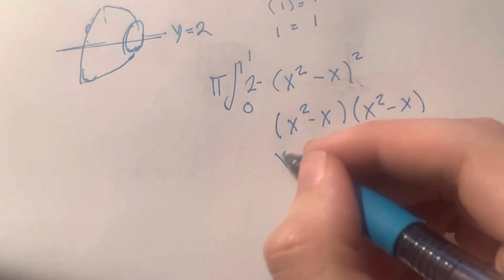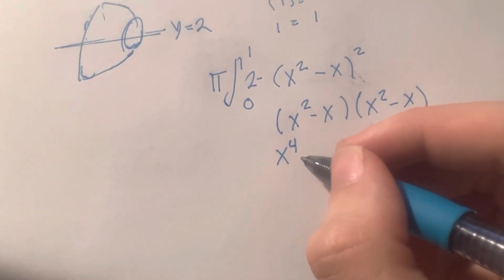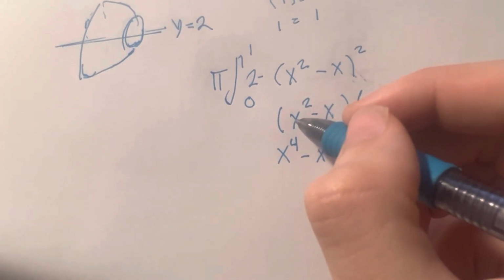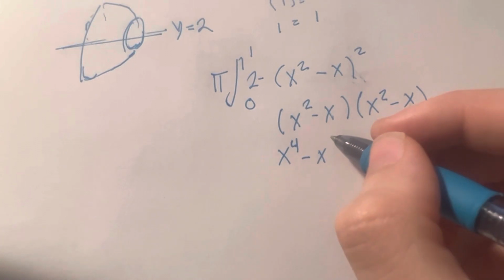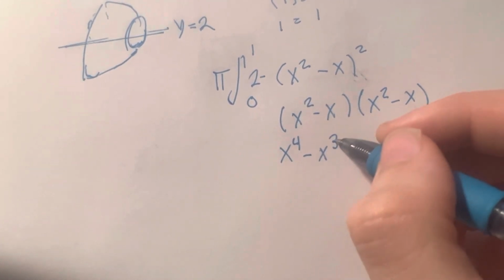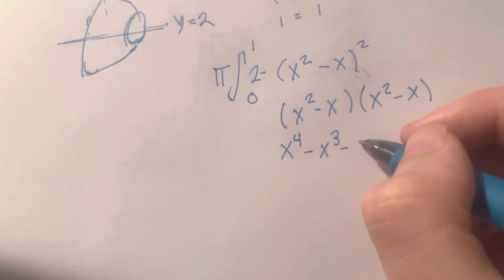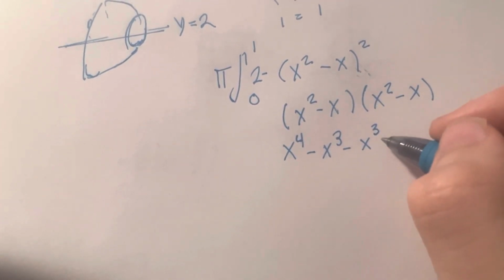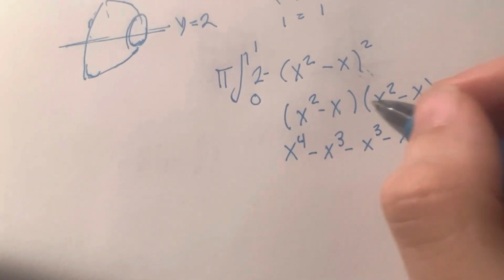Since essentially we're multiplying two variables with powers, we would just be adding the powers together, so it would be x cubed, because 1 plus 2 is 3. Subtracting that again would give us another x cubed, then minus x squared.